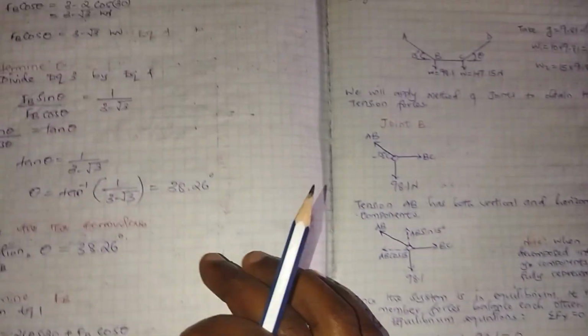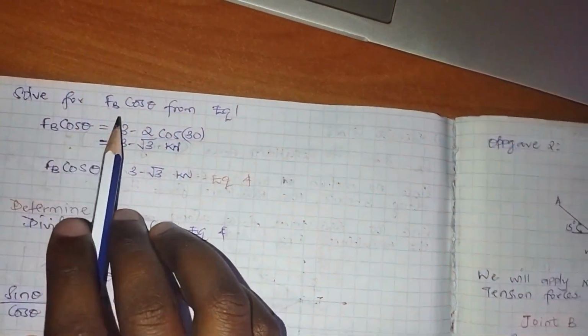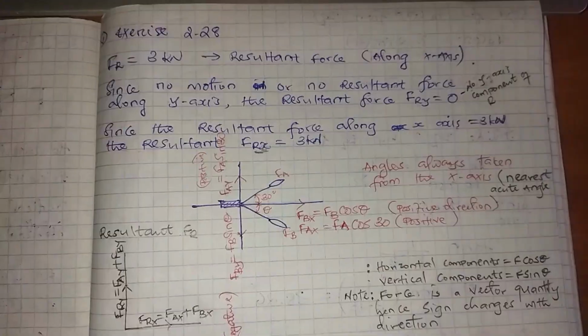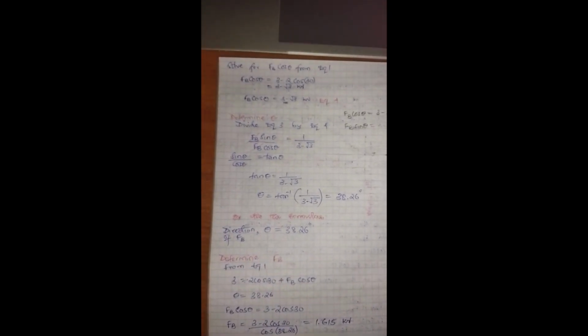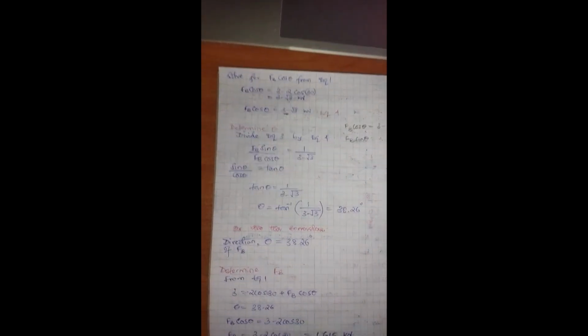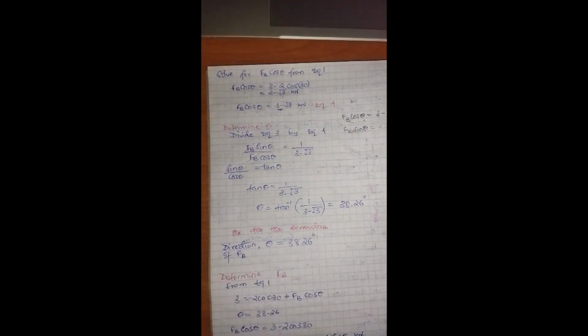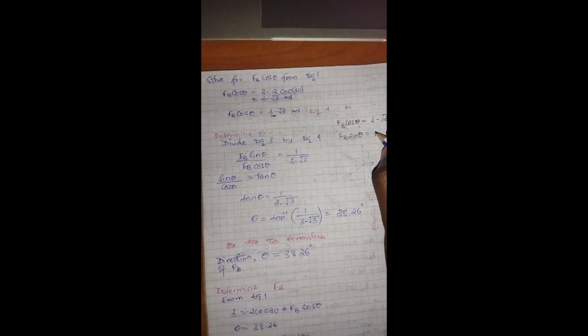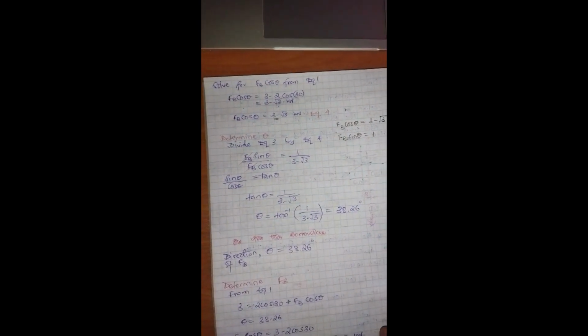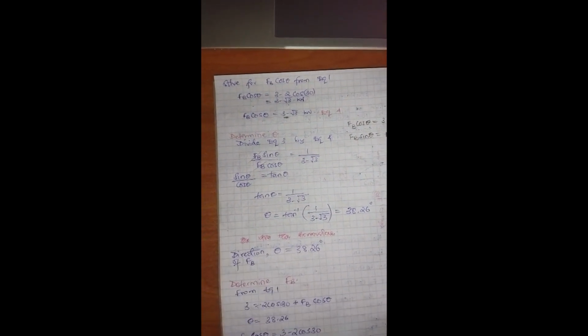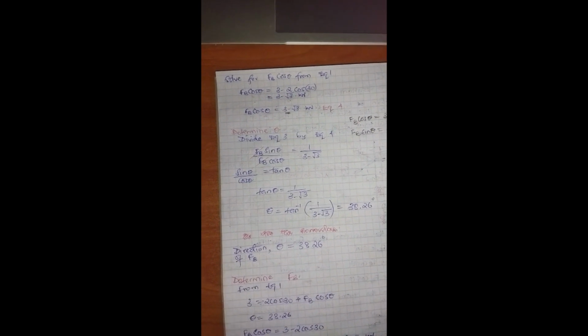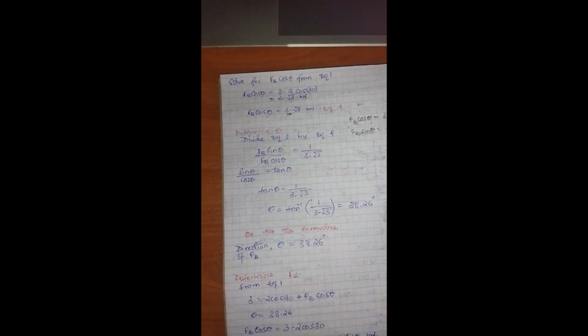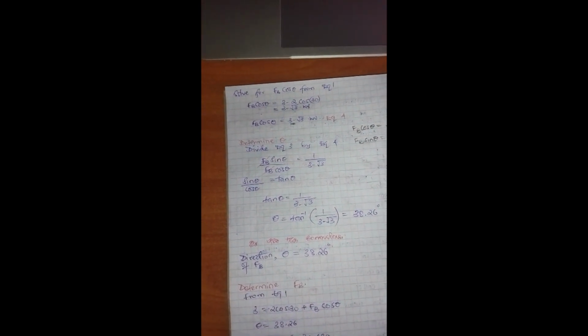Now let us solve for FB cos theta. We want to use these two equations, equation 4 and equation 3, to be able to get theta using those two equations.